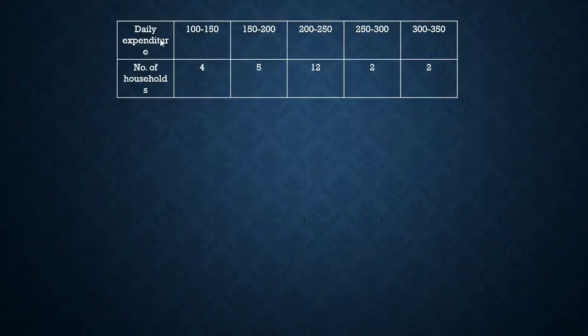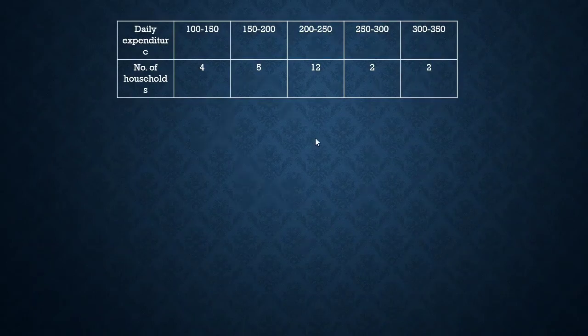This table gives daily expenditure and number of households in a locality. 100 to 150 rupees is spent on food each day in 4 houses. 150 to 200 rupees is spent on food in 5 houses. 200 to 250 rupees is spent on food in 12 houses. 250 to 300 rupees is spent on food in 2 houses, and lastly 300 to 350 rupees is spent on food in 2 houses once again.